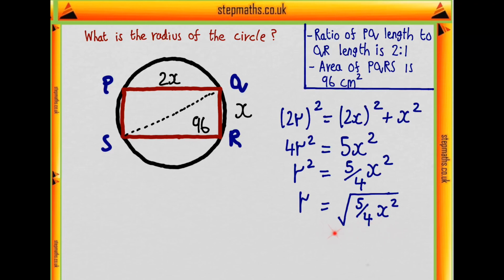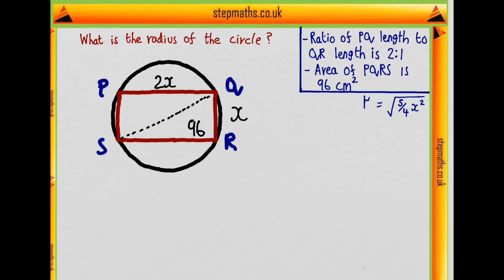Now, I've left it in the x squared form here, because you're right in saying that I could write this as square root of 5/4 times x, but it turns out x squared will be a lot easier to find than x. The reason for this is we're going to find x squared from the area, so x squareds are going to appear naturally.